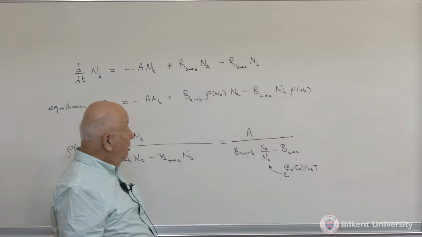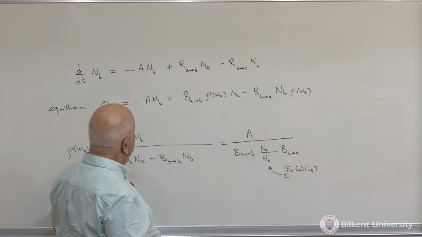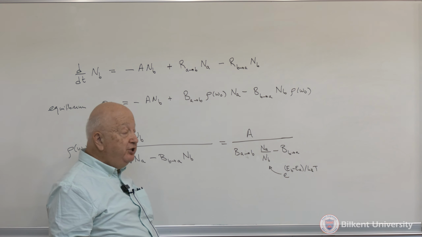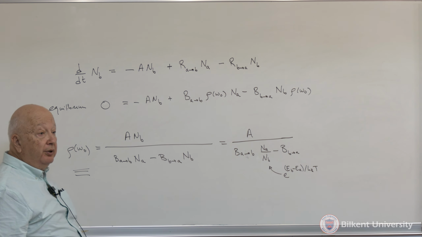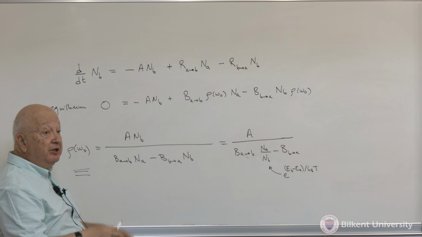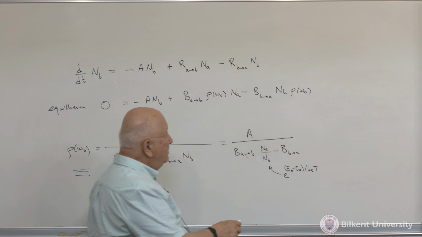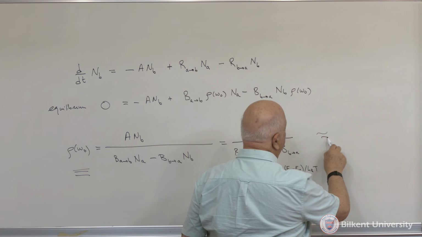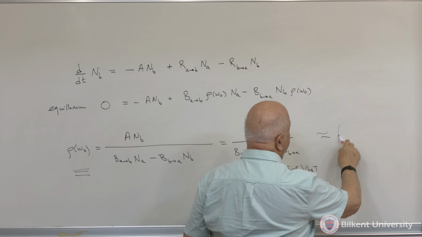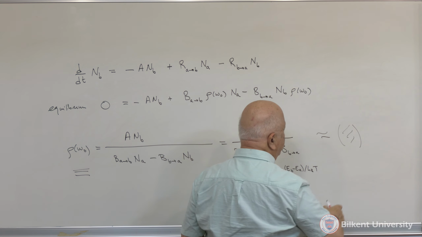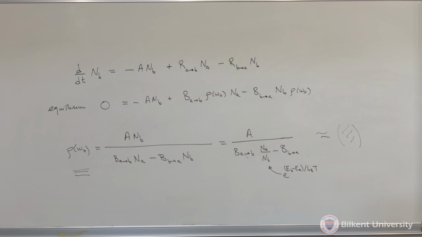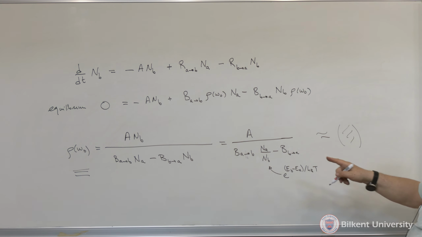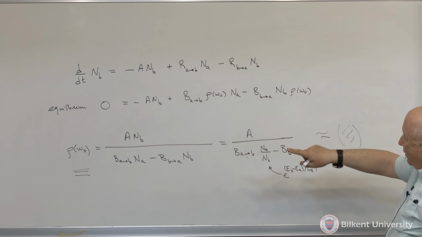Now, if you look at the actual expression for the energy density in black body radiation, we know that this is proportional to, and there are certain prefactors which we could write down, but we are running out of time, so I'm not going to discuss that.